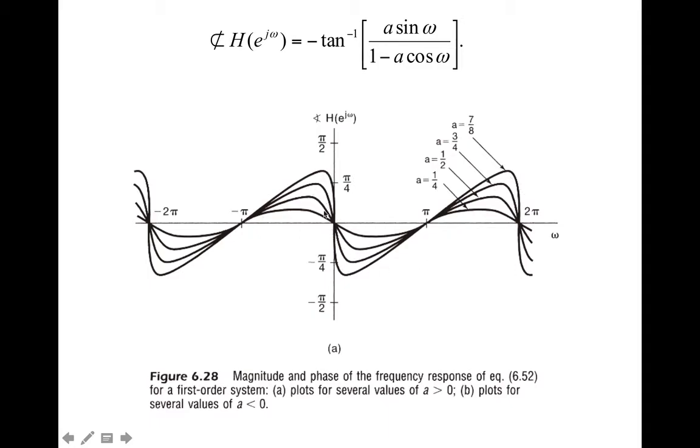And recall, this system is a non-ideal low-pass filter, and we can see that when a is equal to 7 divided by 8, the slope around omega equals 0 is very large. So the time delay is very large. And when a is smaller, closer to 0, the slope is not that steep and the time delay is not that big.